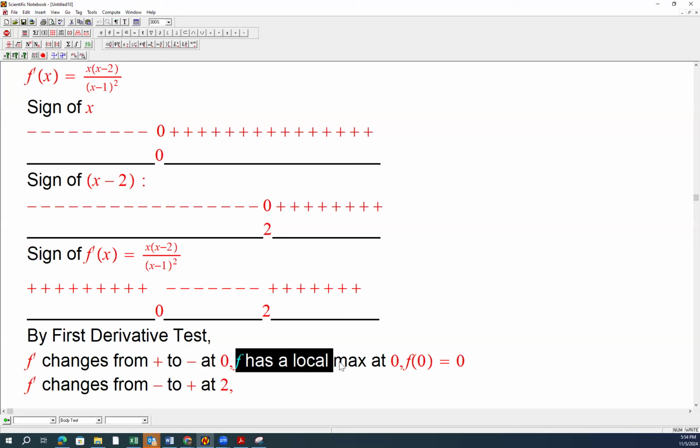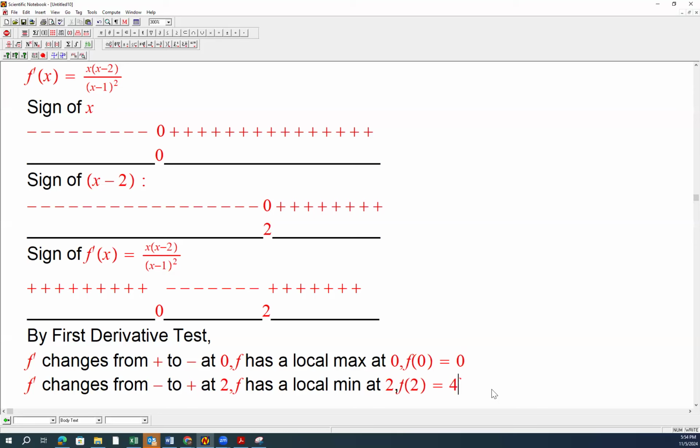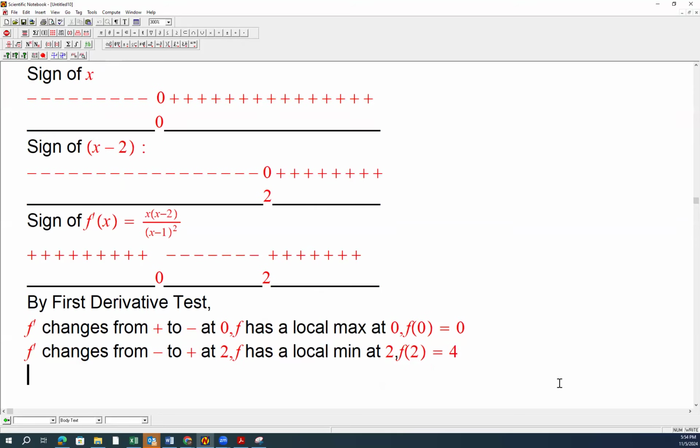So f has a local minimum at 2, which is f of 2 equals 4. So that's how you would do the first derivative test. But in this case, either method works. Okay, either method works. All right.